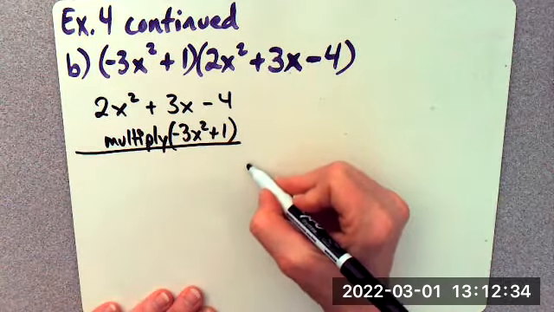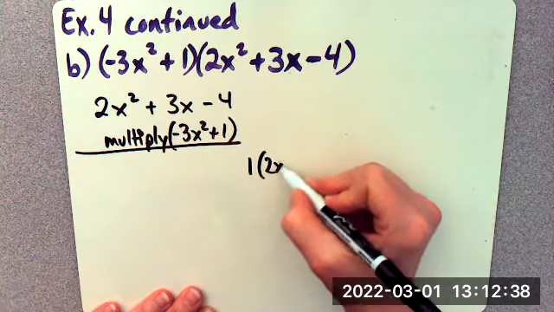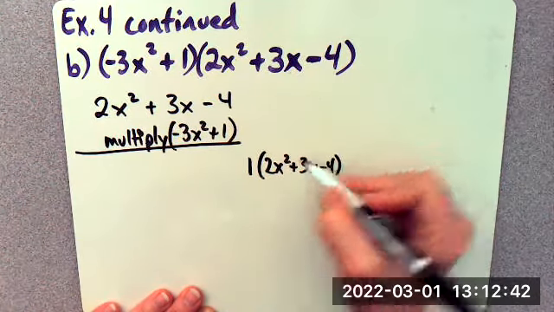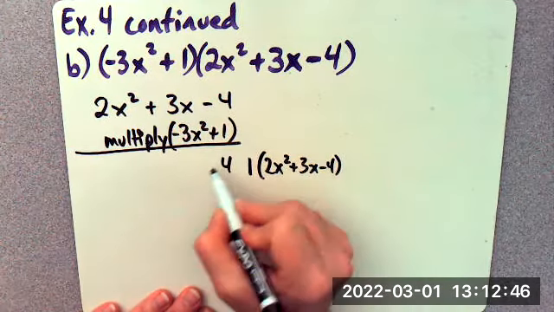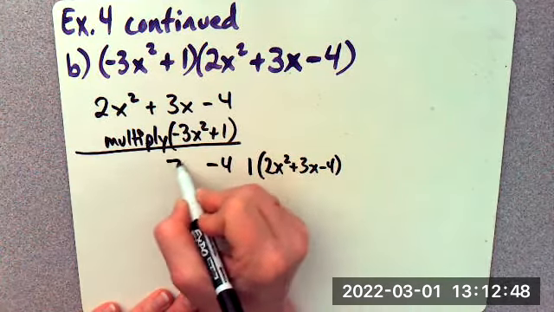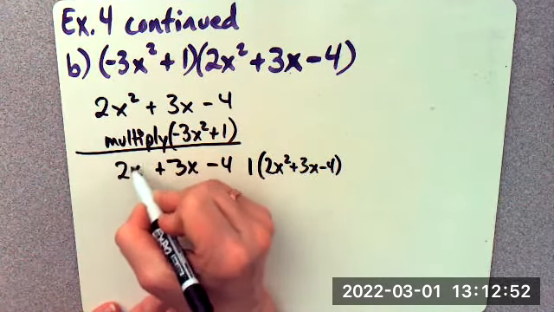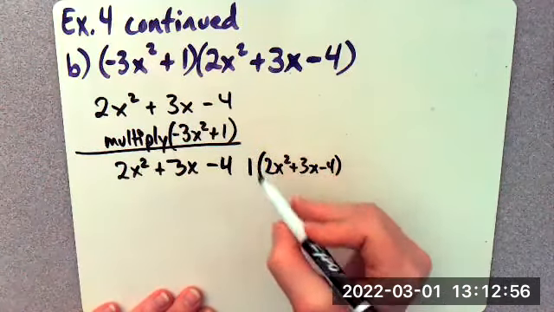So our first line here is going to be 1 times 2x squared plus 3x minus 4. So that just is the identity. So we just write what is there. Okay, the next line, we're going to be shifting things over.